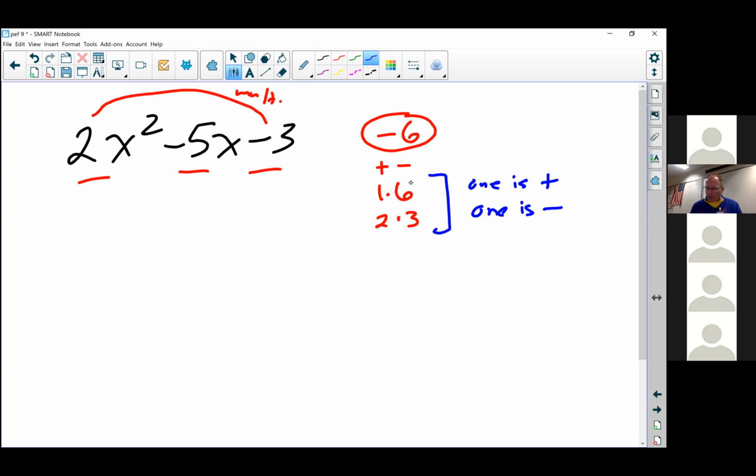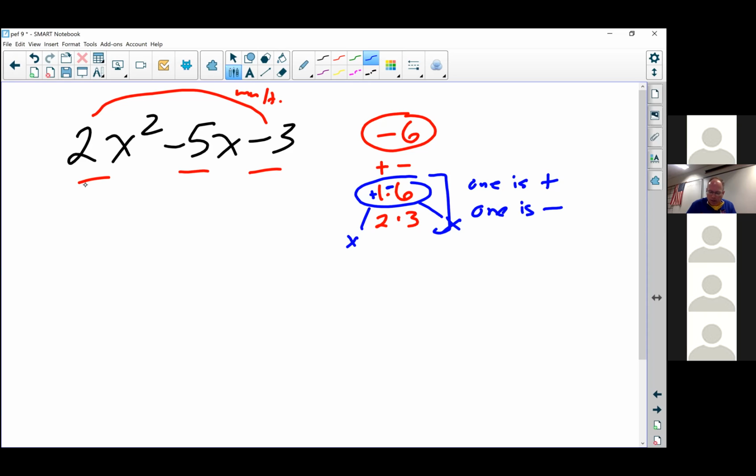Okay, so if I pick these right here and I make a -6 and a +1, if I combine together -6 and +1, do those add together to give me -5? You agree? Okay, so I'm going to use those. I'm going to put an x with each of them.